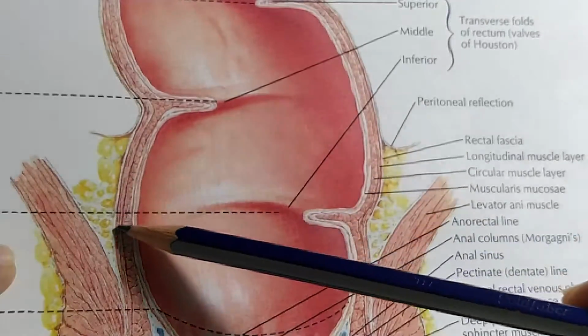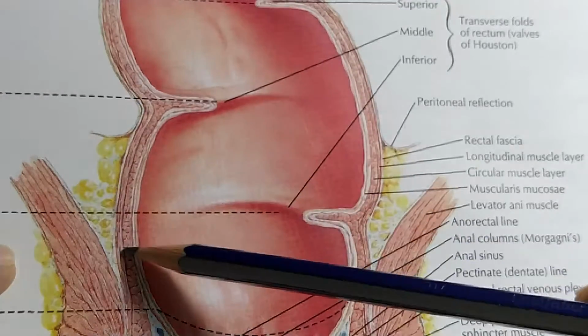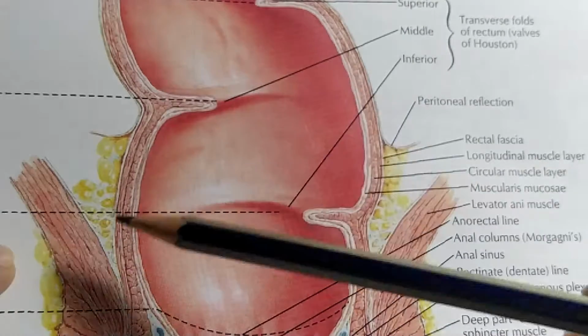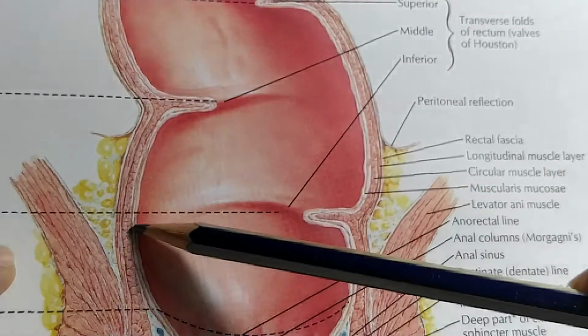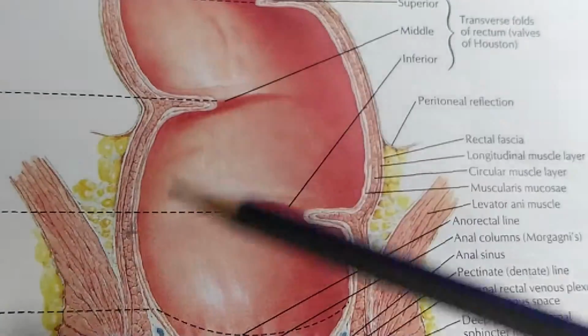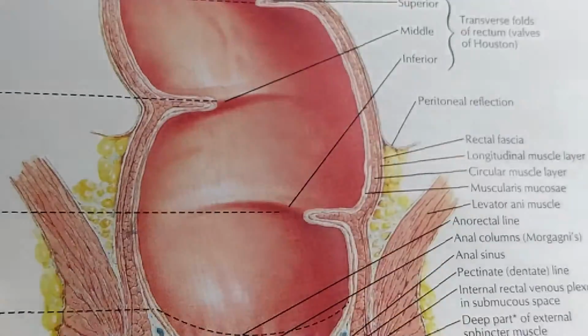This is the longitudinal muscle present on the outside, and this is the inner circular muscle present in the middle part of the rectal wall. These 2 muscles have important functions.